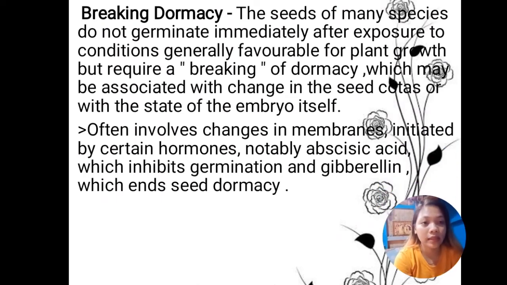Breaking dormancy. The seeds of many species do not germinate immediately after exposure to conditions generally favorable for plant growth, but require a breaking of dormancy, which may be associated with change in the seed coats or with the state of the embryo itself.